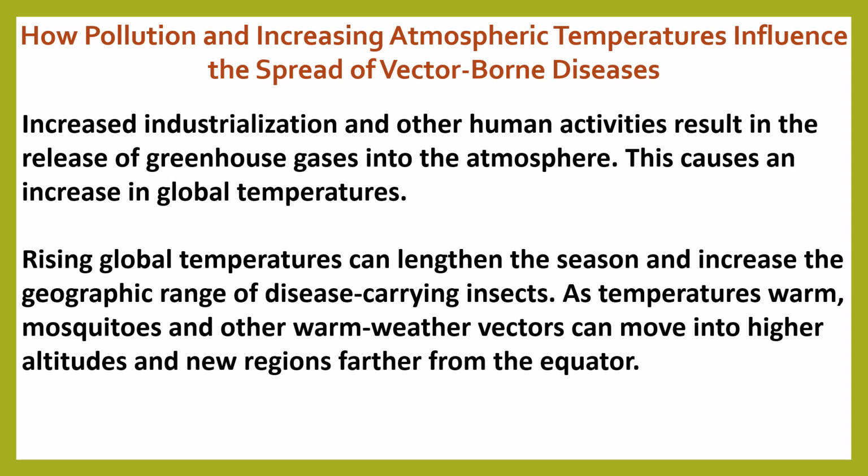All of a sudden, because of global warming, these areas become so warm that mosquitoes, for example, and other vectors that rely on a warm climate actually move into that area and infect people and other animals in these areas. So you have vector-borne diseases prevailing in these areas as a result. Why? Because of global warming.